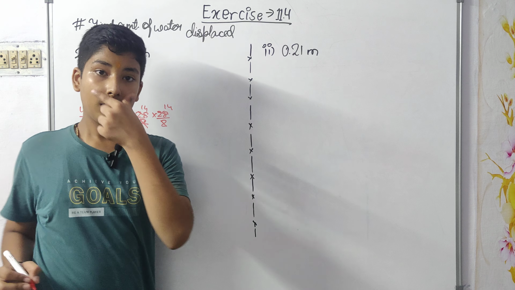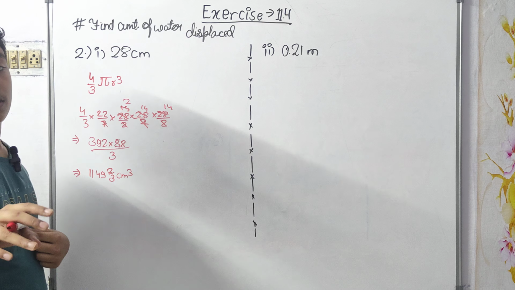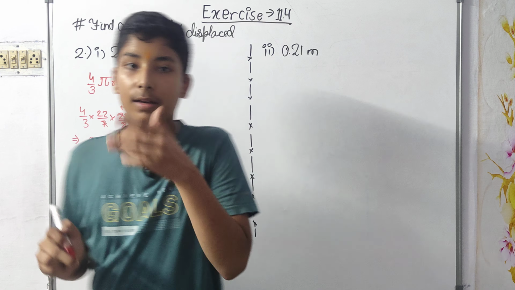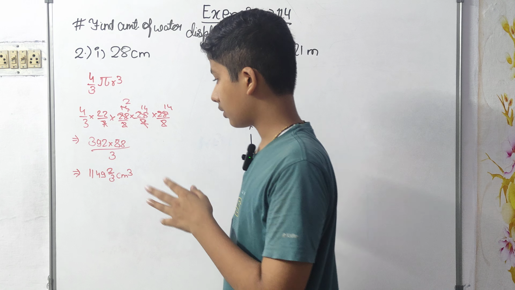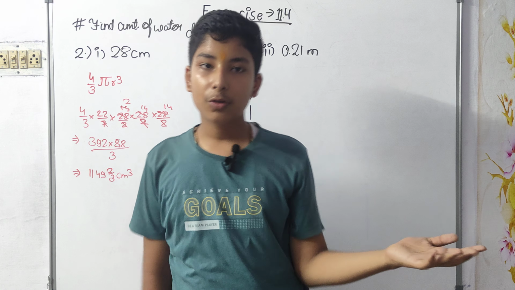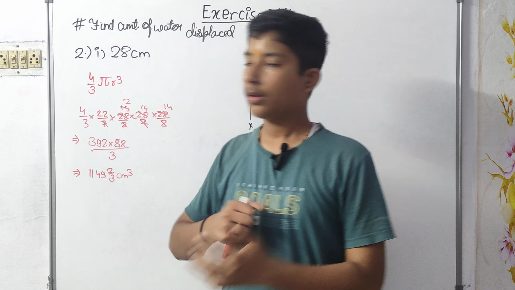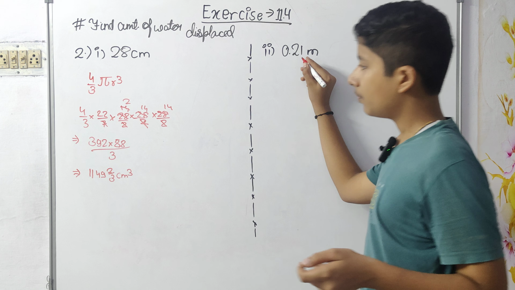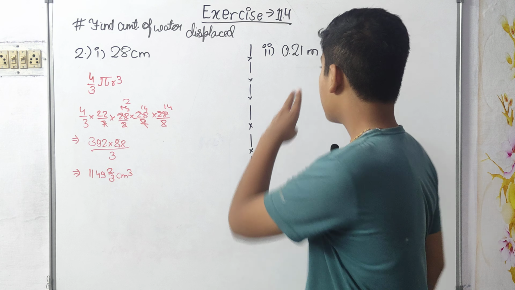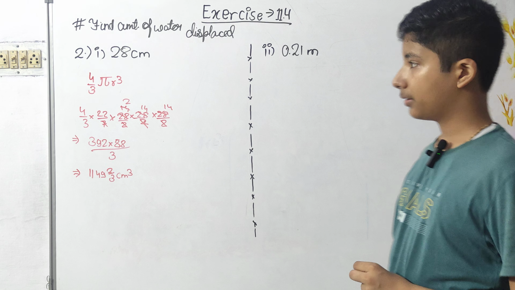We know that 1 centimeter cube equals 1000 liter cube. If you want to leave it like this, you can. Otherwise, if you want to convert it to liters, you can. Now I'll keep this one in volume only, and convert the next one to liters.